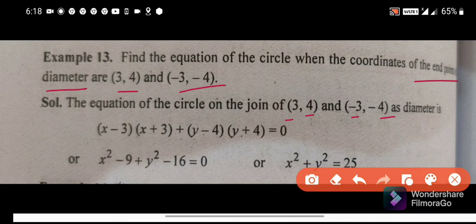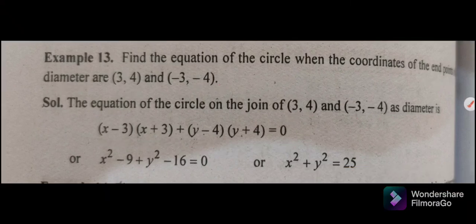Now by using the equation of diameter form, (x minus x1)(x minus x2) plus (y minus y1)(y minus y2) is equal to 0. Now by solving and multiplying, we get the required equation of the circle, x square plus y square is equal to 25.